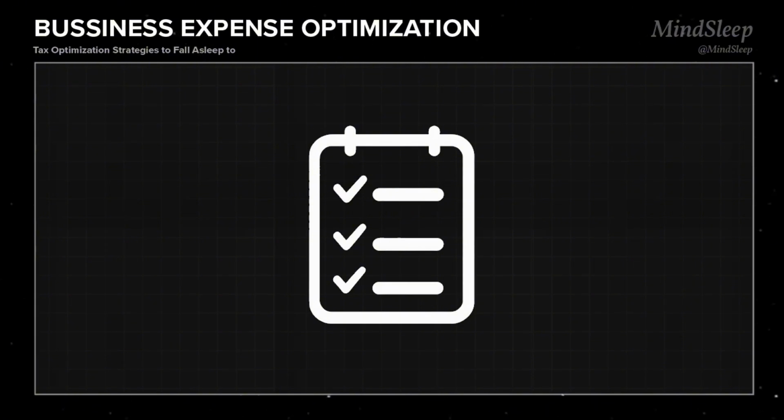Each expense should be viewed through the lens of return on investment. Sometimes, the most tax-efficient option may not be the best choice for long-term business growth. It's a delicate balancing act, requiring both financial acumen and strategic foresight.